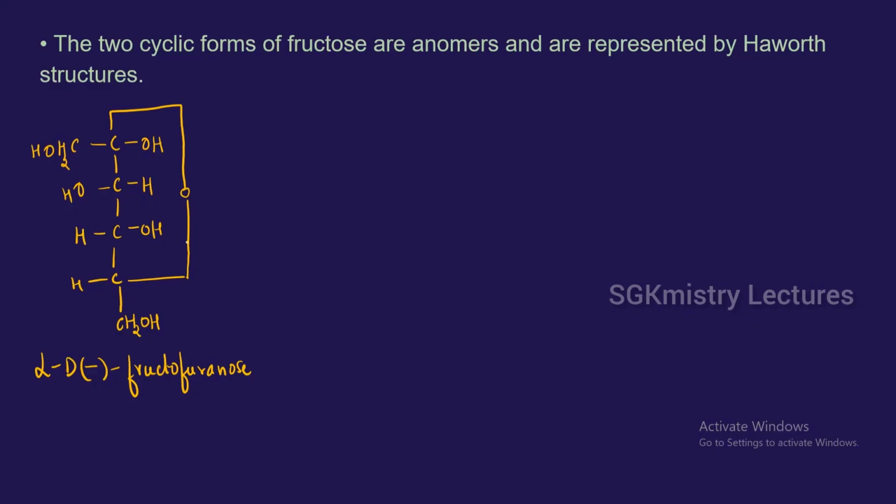So here we know that it is a 5-membered ring structure with oxygen present in the ring. So I write the 5-membered ring. Two structures I'm going to write, both for alpha and beta, because we know that for alpha and beta, the only difference is with respect to this particular carbon atom, the configuration of this particular carbon atom, which I have marked. So now let me write OH here.